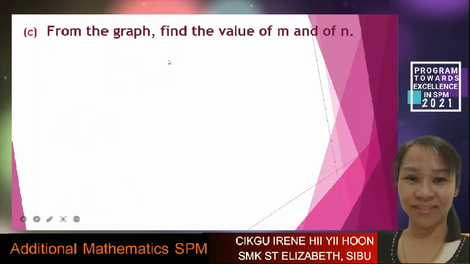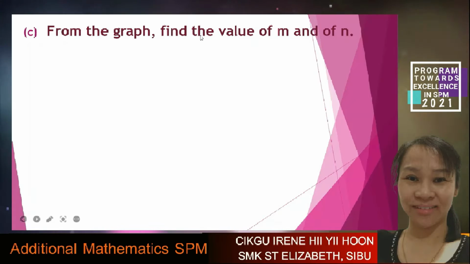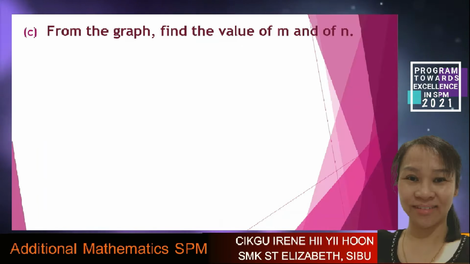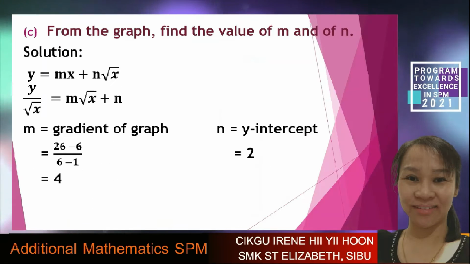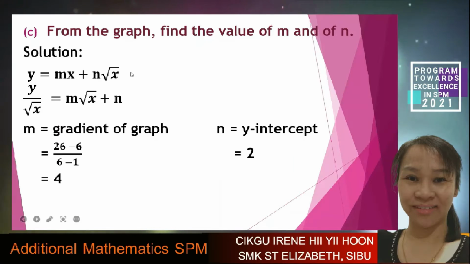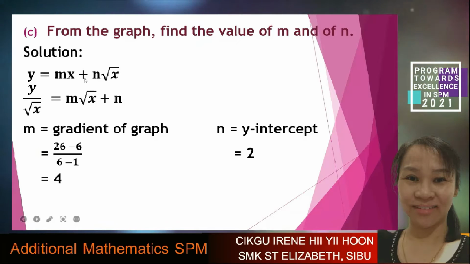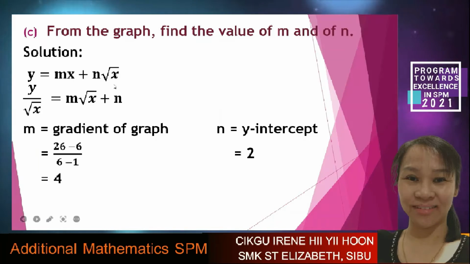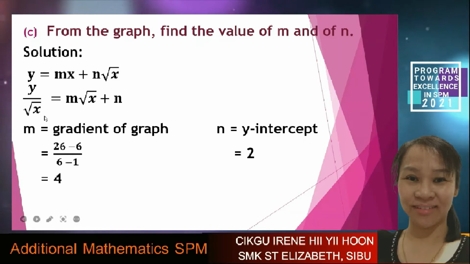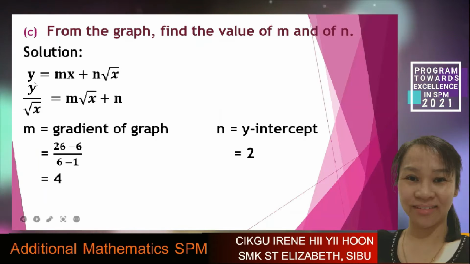Okay, now let's continue. Question C, from the graph, find the value of m and of n. So the solution is here. The question provided that y equals mx plus n square root x. So to form the linear equation, we divide both sides by the square root x.